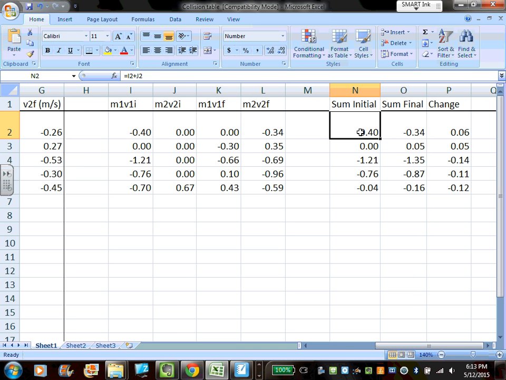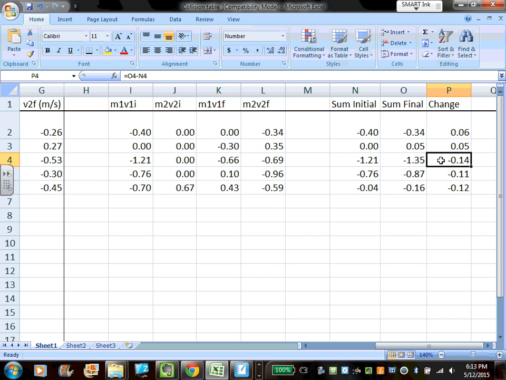If I take the sum of the mass times velocity in the beginning, and compare it to the sum of the mass times the velocity at the end, I seem to almost show that these are exactly the same. Now I have to admit, they are not exactly the same, right? So 0.06, 0.05, my worst one is 0.14, so they aren't exactly the same.